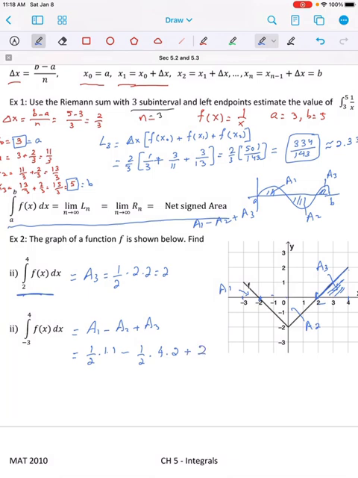So we are getting 1/2 minus 4 plus 2, or 1/2 minus 2, or -3 over 2. So that is the value of the definite integral.